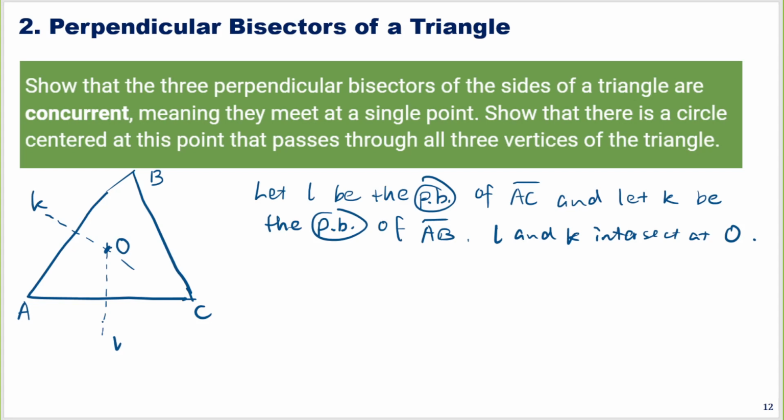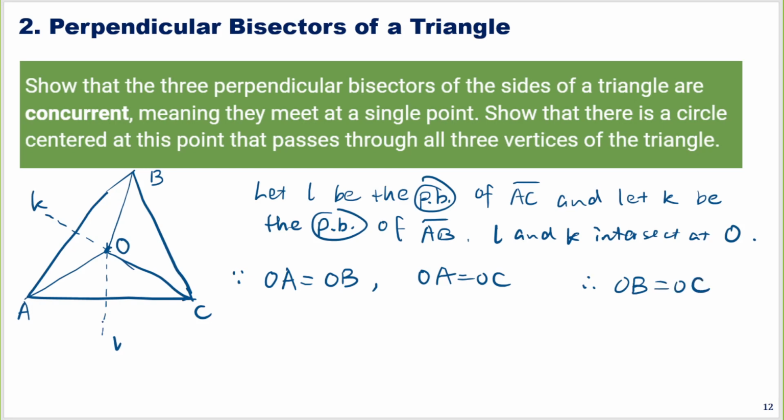Okay, since O is on the perpendicular bisector of AB, then we know OA must equal OB, right? And because O is also on the perpendicular bisector of AC, then we know OA must equal OC, right? This is according to the property of perpendicular bisector. Then we have OB also equals OC, right?